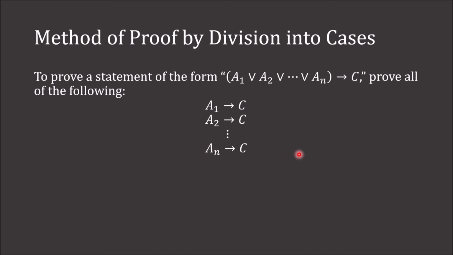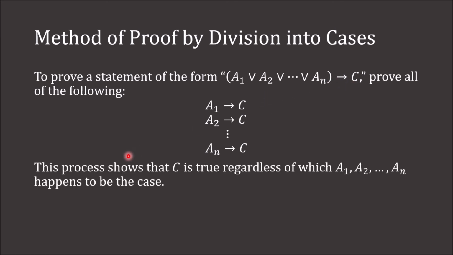What this does is it proves that regardless of which case is true, because remember, for a disjunction to be true, you need only one to be true. So if you can show that no matter which case you assume is true leads logically to C, then we've shown that C is true regardless of which of the A's happens to be the case.